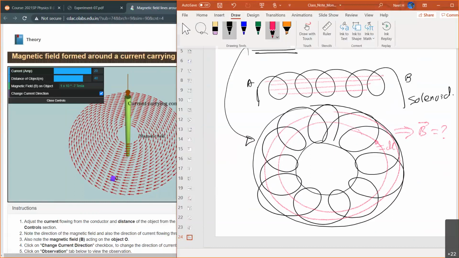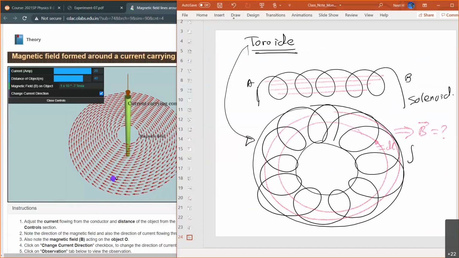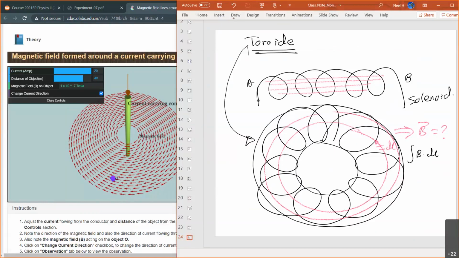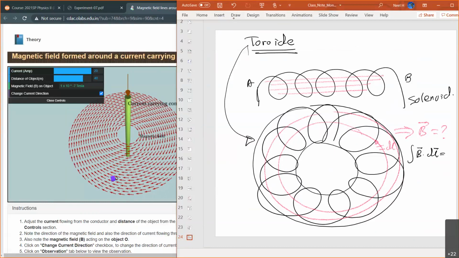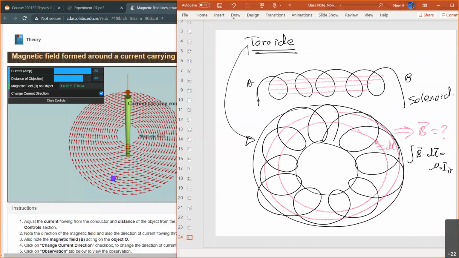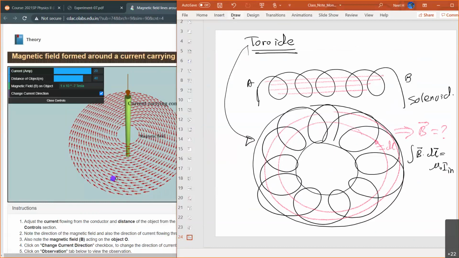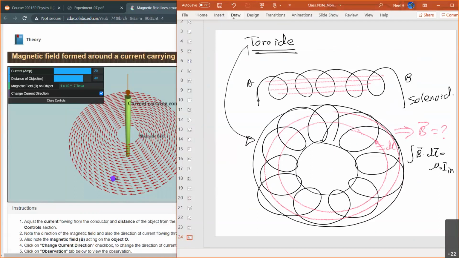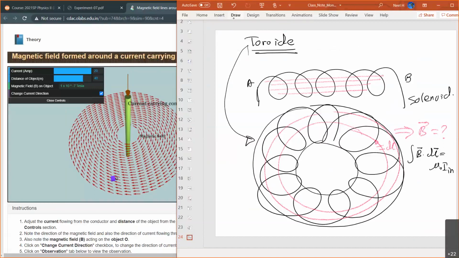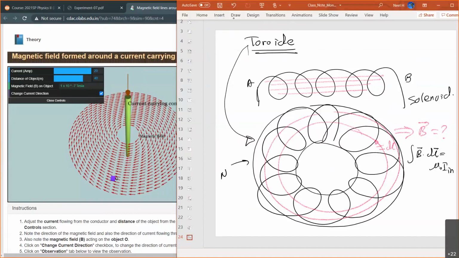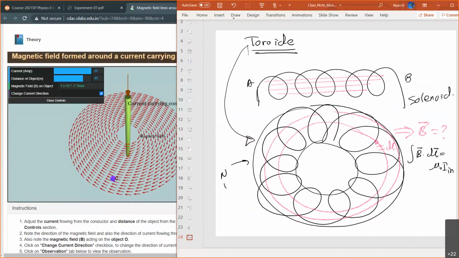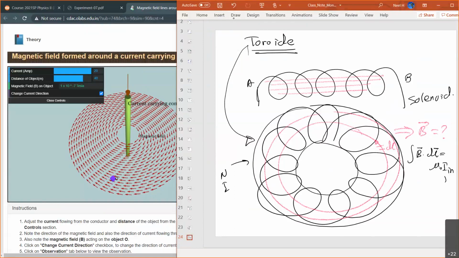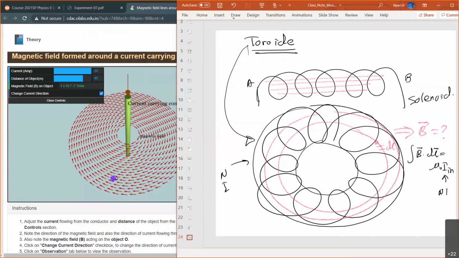Then you should be able to do the integral of B dot dl very easily. B dot dl is equal to mu 0 I enclosed. I enclosed is the total current times the total number of loops. Let's say I have a total number of loops n, and the current on each loop is I. So the I enclosed is going to be n times I.